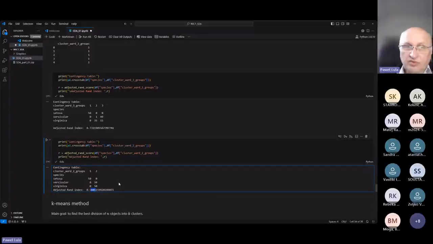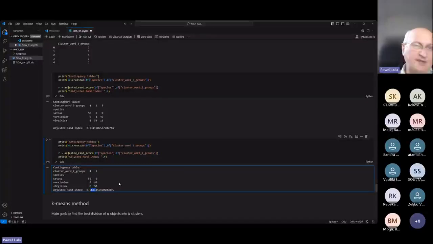So we can conclude that it is possible to use agglomerative methods, but for this example, in which we use the iris dataset, it is not really possible to obtain a proper classification.